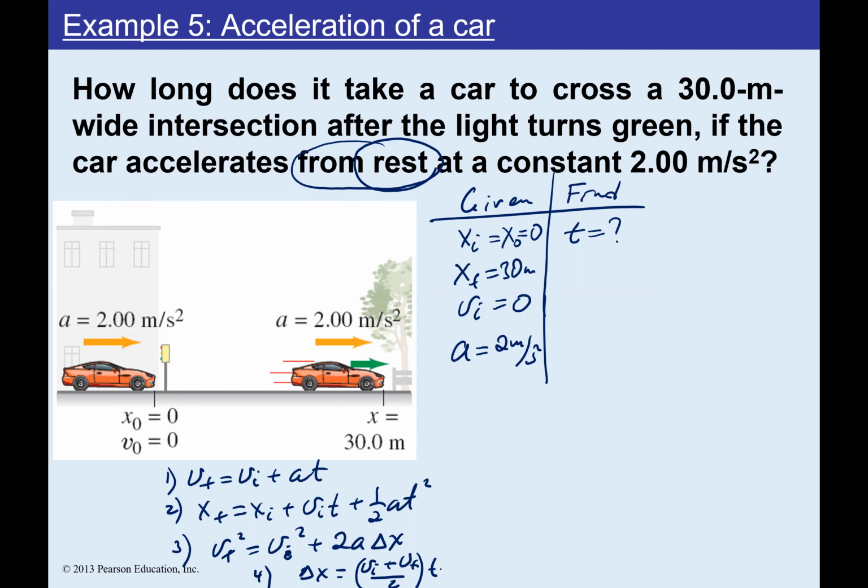The idea here is this. The reason we have 4 equations is that we have a lot of variables. We have X initial, X final, V initial, V final, acceleration, and time. We have 6 variables. So does it mean that we can have one equation with all of those variables?